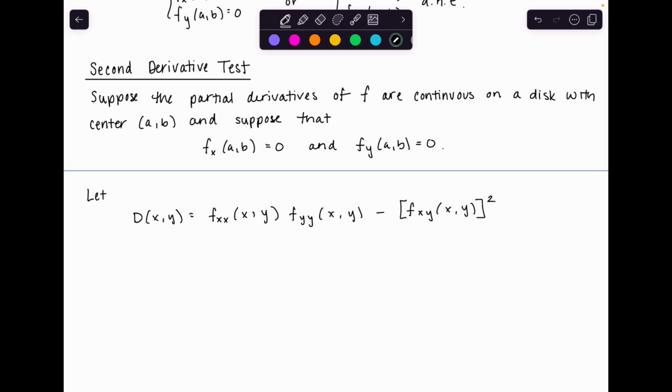What this actually is, is the determinant of a 2 by 2 matrix, where you take the partial with respect to x twice, the partial with respect to x then y, then y then x, and then y twice. Remember, when you take the determinant of this 2 by 2 matrix, you would do the product minus the product.